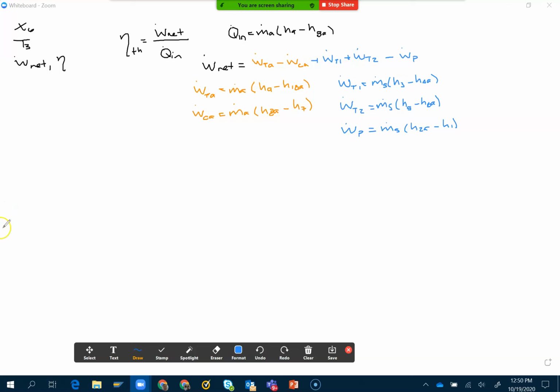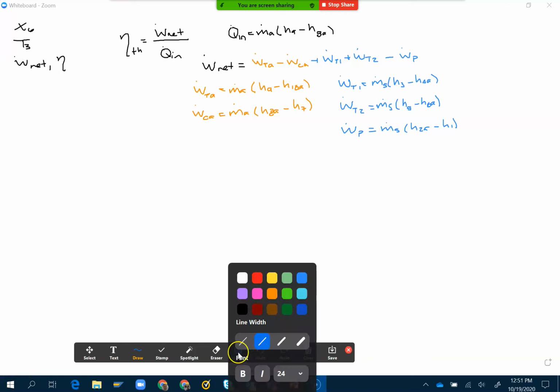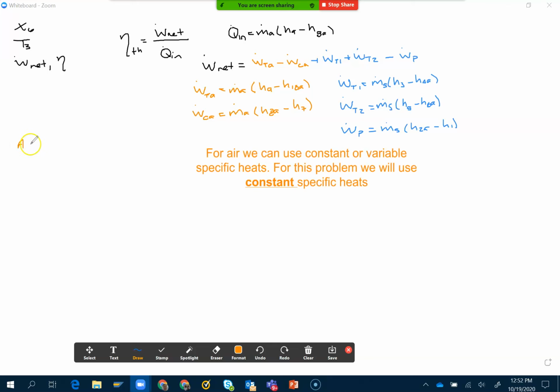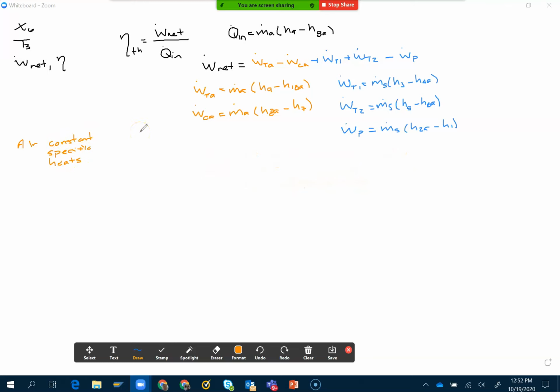Now, how to get each of these enthalpies, we need to consider each of the states. So let's start by the analysis to find out each of the properties. For the air, we are going to assume constant specific heats, and we can get it with this just to avoid the interpolation in Table A-17.